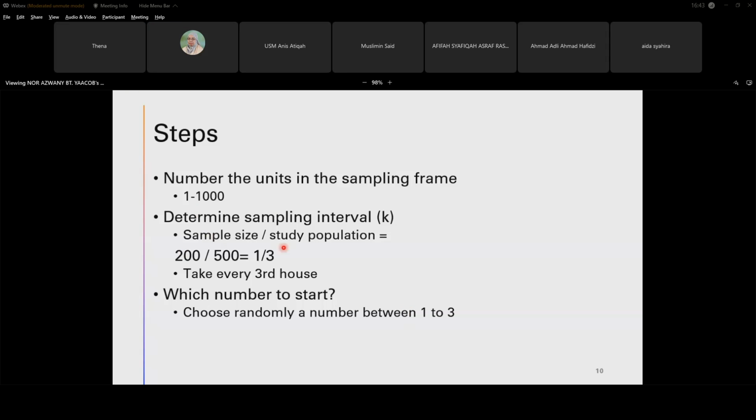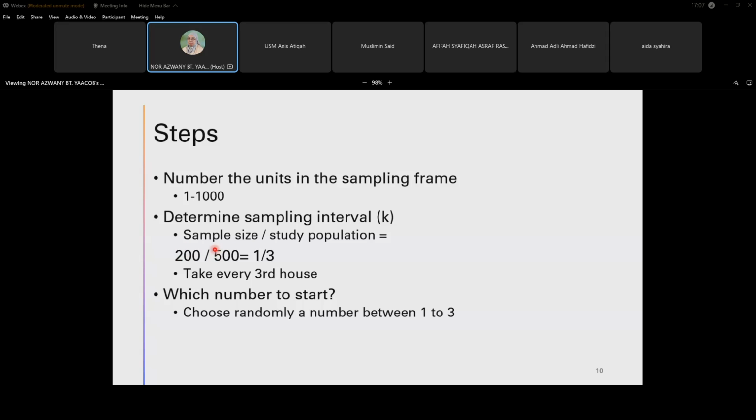So this is the way. If it's an essay, then you have to explain the sampling frame. You have how many units, then your interval, which is symbol K, and how you're going to get the interval. It means that you need 200.